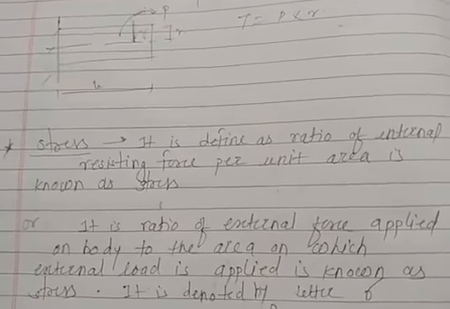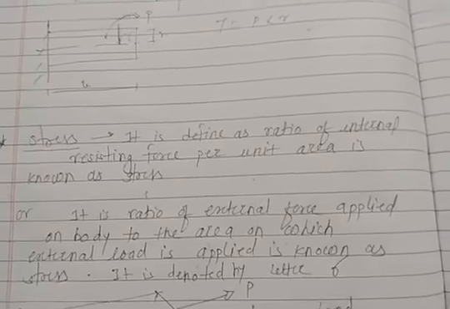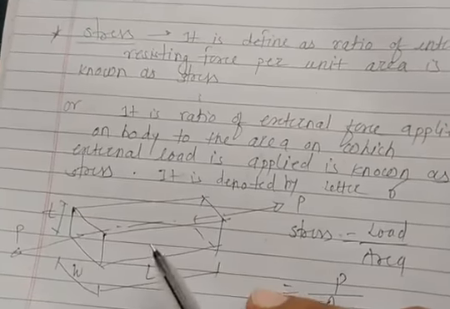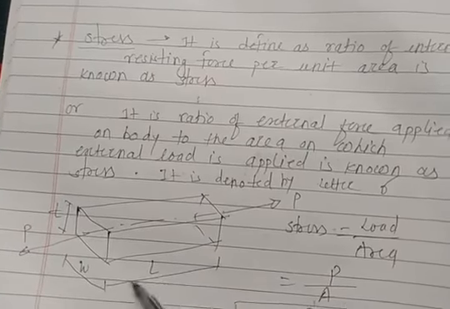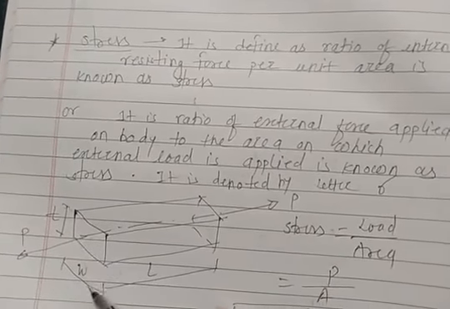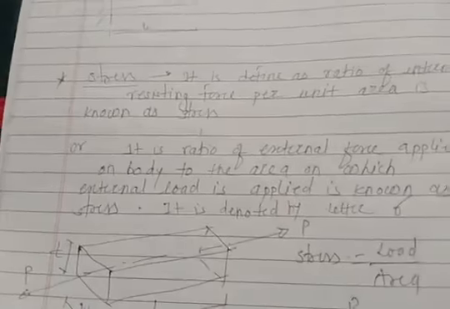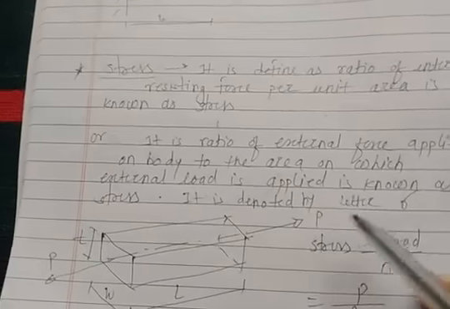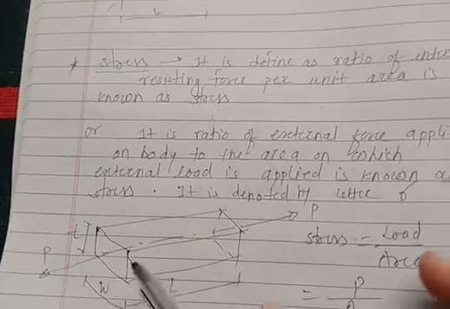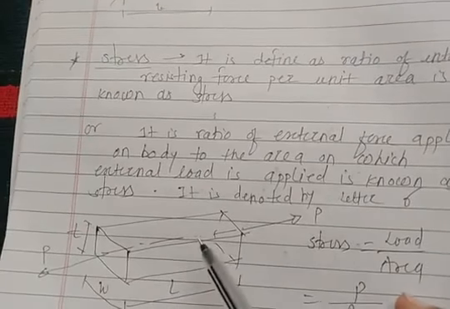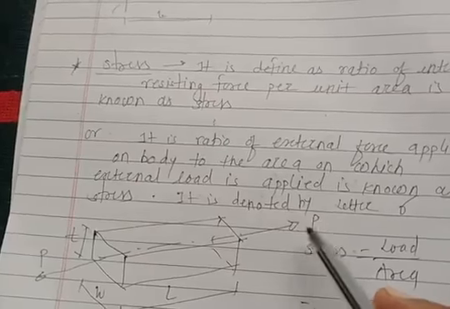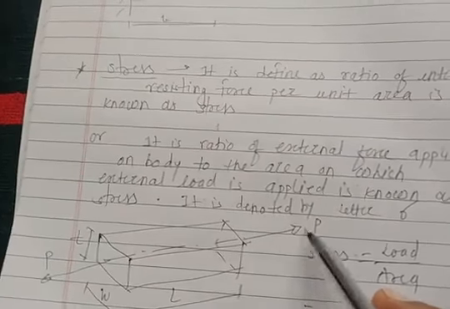So what is the meaning of internal resisting force? Suppose this is your body, having length L and a rectangular cross section with width W and thickness T. When a force is applied, in this case I am applying an axial tensile load, the direction of load is away from the body.